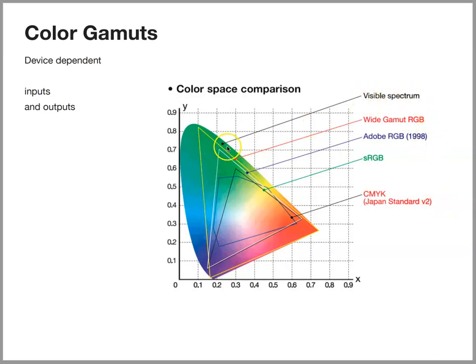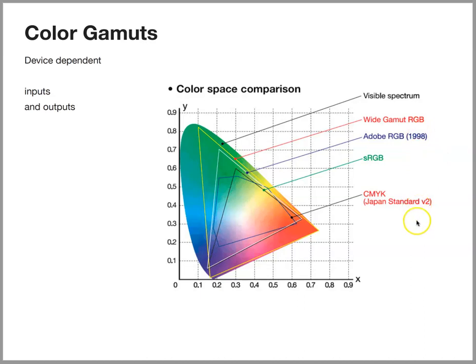Now, the visible spectrum, we call this the shark fin. The visible spectrum is this outside. That's all the colors that you can see. You'll notice that each of these gamuts is a different size than what we can visibly see. This is what we can reproduce.